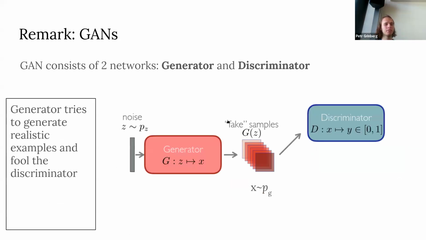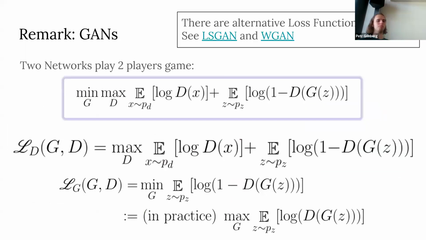Generator, on the other hand, tries to generate examples as realistic as possible, so the discriminator won't understand that this is generated stuff. So they play a two-player game, where one tries to understand whether this is a generated image or a real image, and the other tries to make the discriminator believe that its output is real.